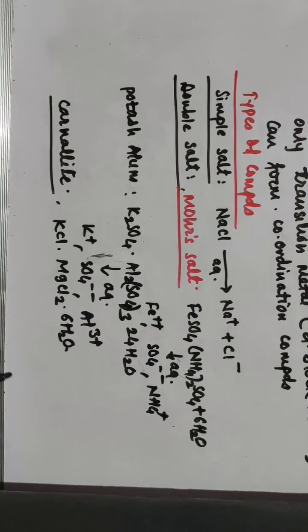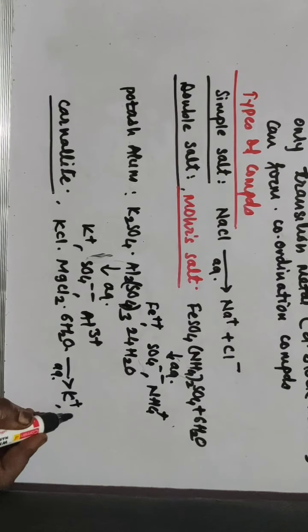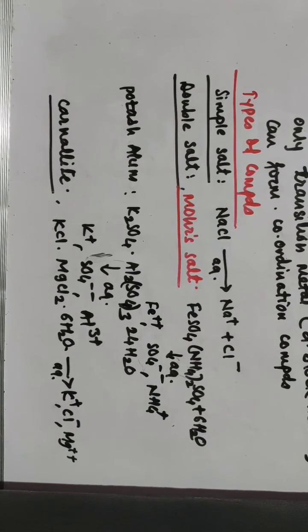So here also, this is a double salt, and on ionization in aqueous medium you will get all the ions, that is K plus ions, then Cl minus ions, then Mg2 plus ions and the water molecule. So in case of simple salt, all the ions are completely ionized in the aqueous medium. Double salt is also completely ionized in the aqueous medium.